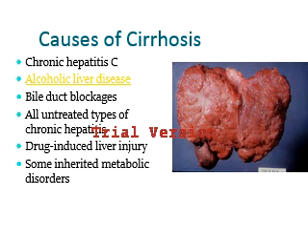Okay, so a duct can be blocked, causing liver cirrhosis. All untreated types of chronic hepatitis can lead to cirrhosis. Liver injuries that are caused by drugs or drug abuse, and some people inherit conditions that cause them to end up with liver cirrhosis.